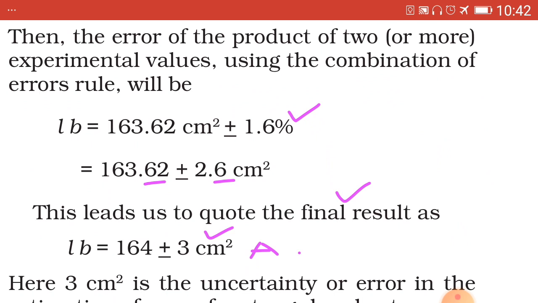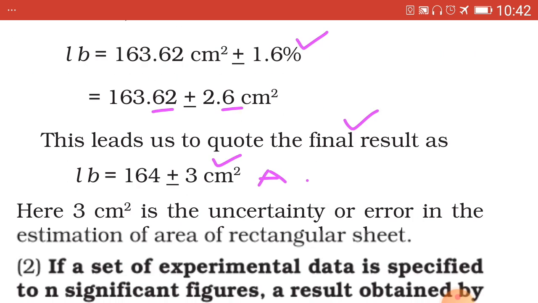And this will be equal to 163.62 plus minus 2.6 centimeter square.